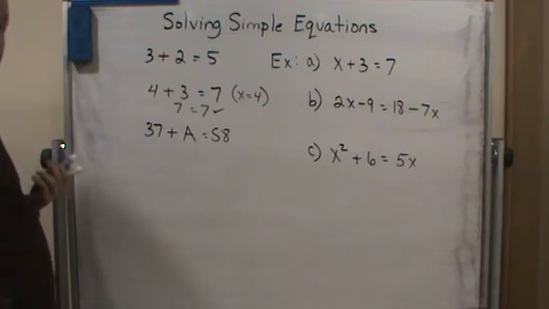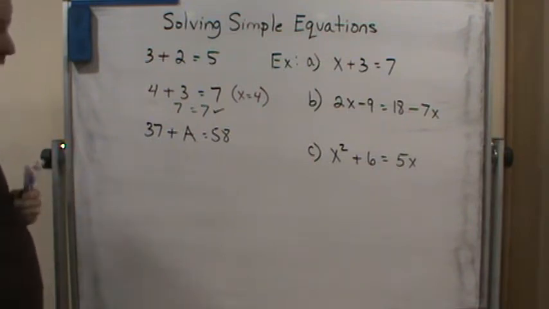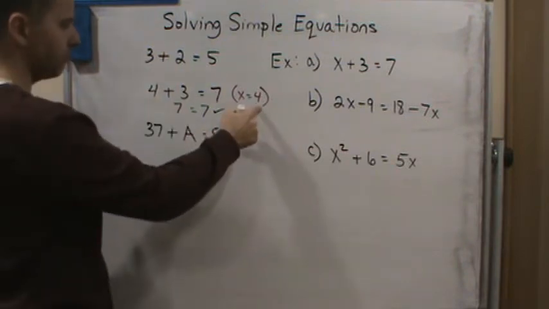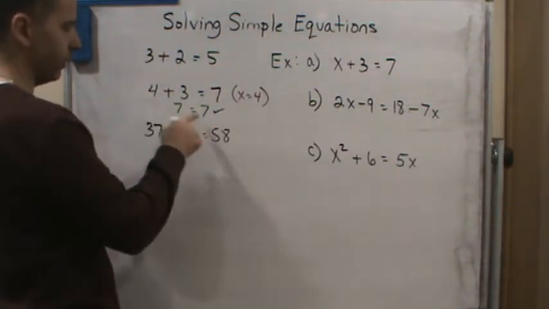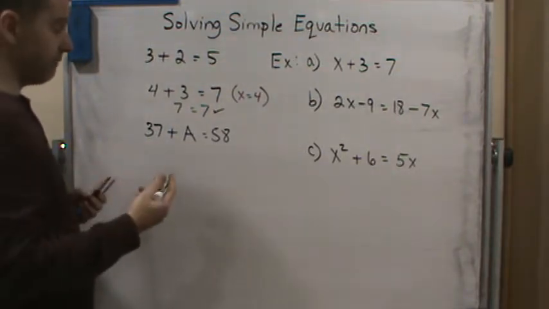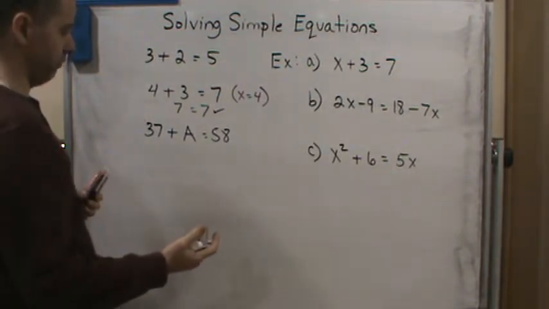And that's how we check that it is indeed a solution. If we plug a value in and we get a false statement, then that value is not a solution.